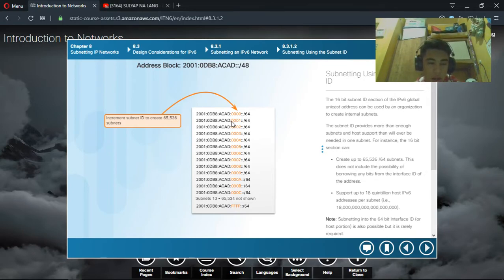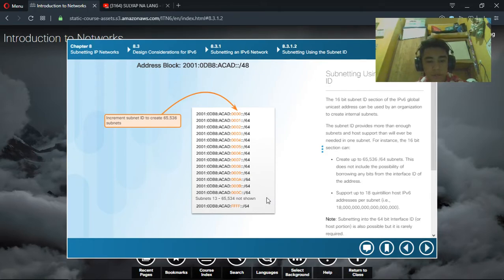Then increment the subnet ID to create 65,536 subnets. So it will increment by 1, 2, 3, 4, 5, 6, 7, 8, 9, A, B, C.